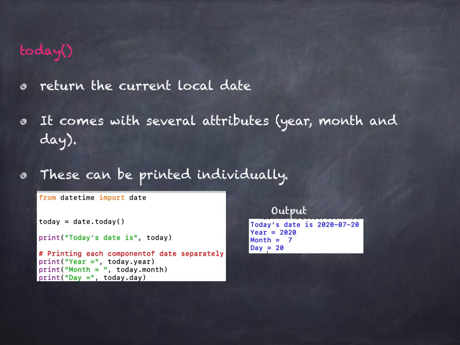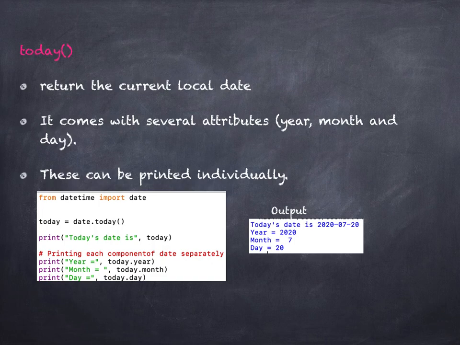As you can see in the output, it gives today's date. And then you can also print each component of this date, that is, you can separately extract year, month and day.